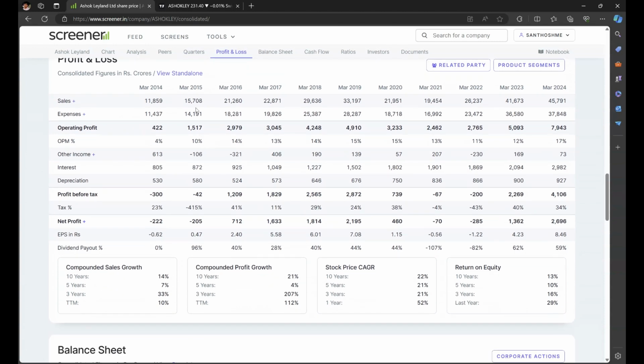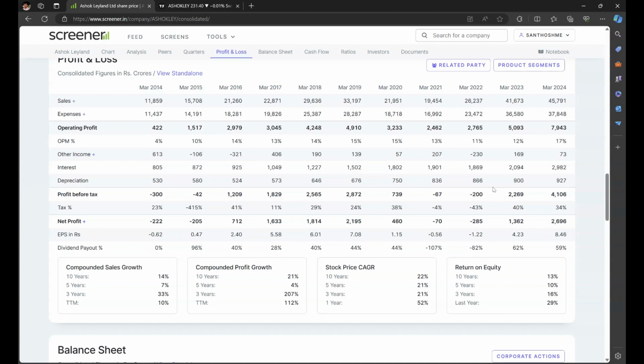Now coming to the yearly numbers, same thing. I will look at the sales. In the case of Ashok Leyland, sales keep improving, right? In the last 3 or 4 years, they are consistently improving. Operating profit is also increasing, and the margin is also increasing.